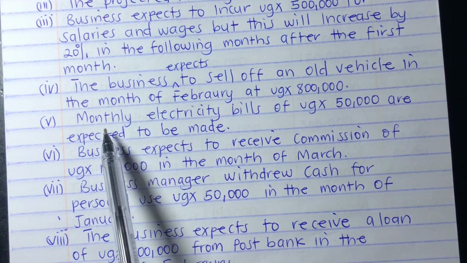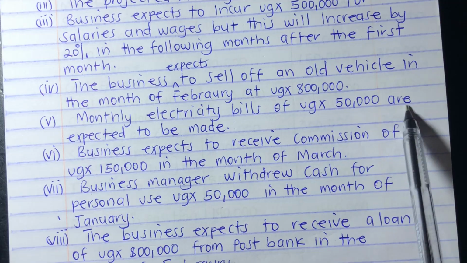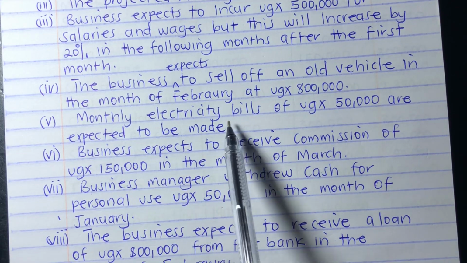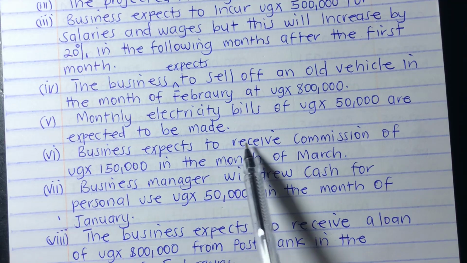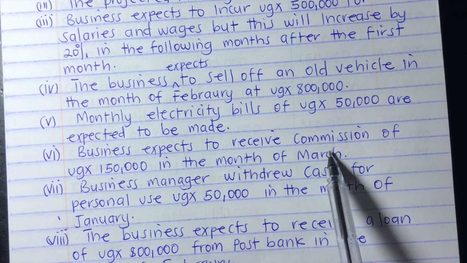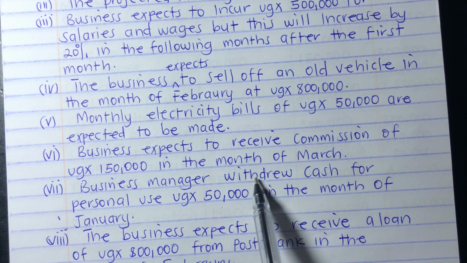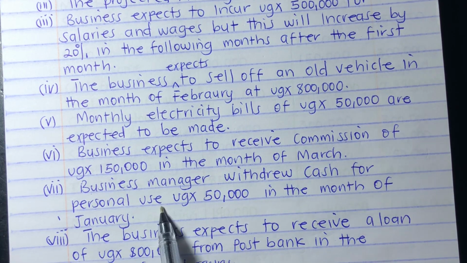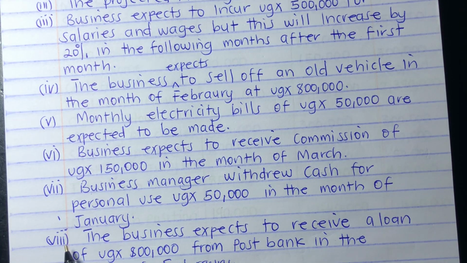Roman 5 reads monthly electricity bills of UGX 50,000 are expected to be made. Roman 6, the business expects to receive a commission of UGX 150,000 in the month of March. Roman 7, the business manager withdrew cash for personal use UGX 50,000 in the month of January.